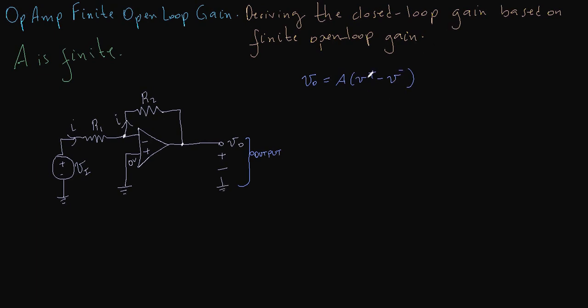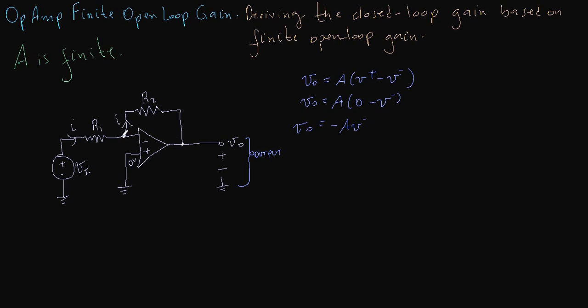So we know that V plus is grounded at 0 volts here. So that means that V naught is equal to A times (0 volts minus V minus), which is equal to minus A times V minus. So V naught is minus A times V minus, but we want to calculate V minus.